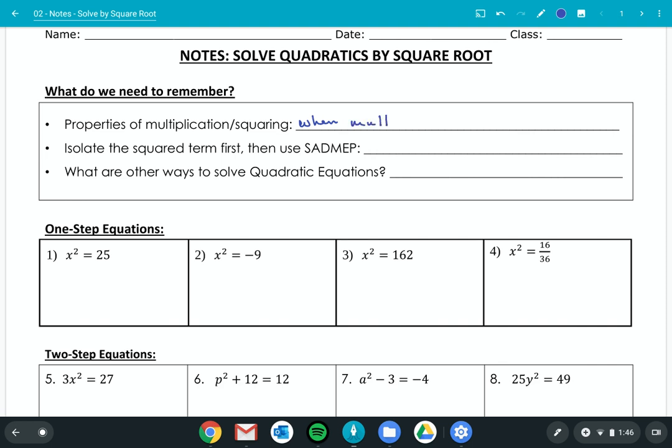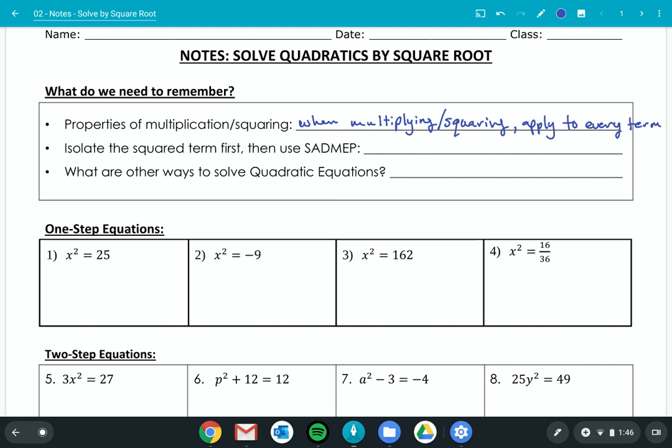Remembering that when I'm multiplying or squaring something, we must apply it to the whole problem, or every term. We want to apply that to every single term.